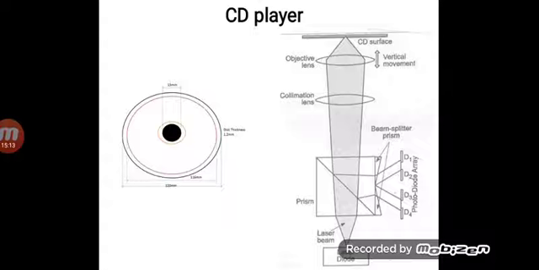Once the laser beam is pointed towards the compact disc, and the disc is rotating, when the laser beam is on, it strikes the surface coated with photoresist material, and a pit is formed on the compact disc.